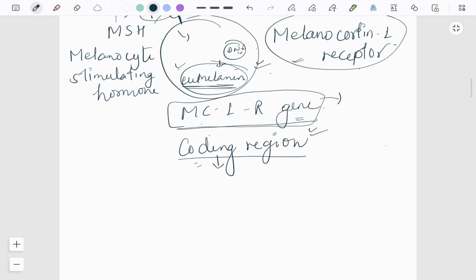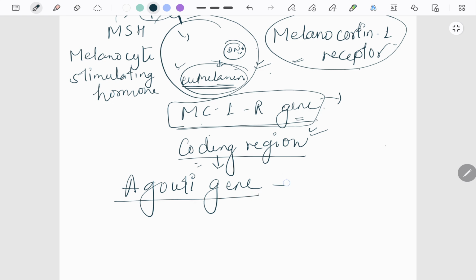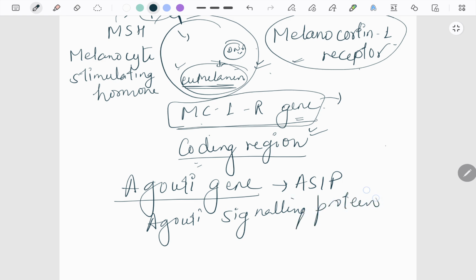Second thing, what happened? Agouti gene. Agouti gene produces agouti signaling protein, ASIP, and this protein is produced by the cells of dermal papilla.